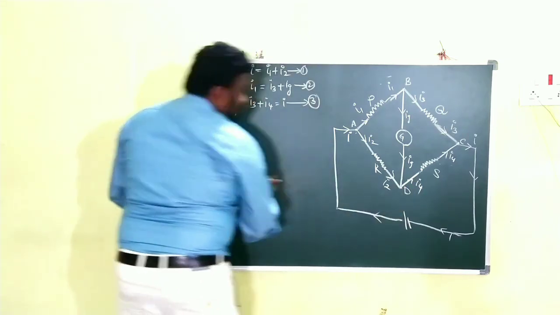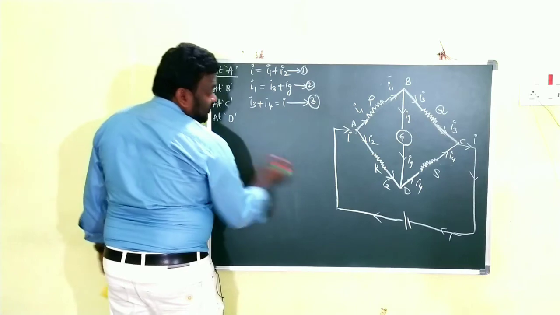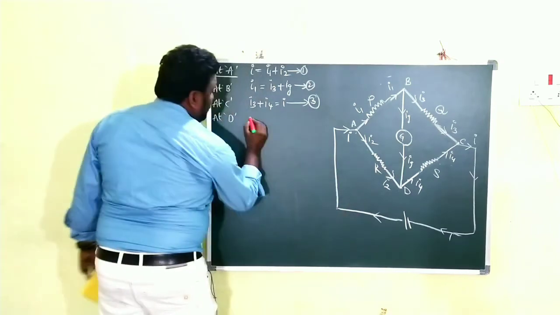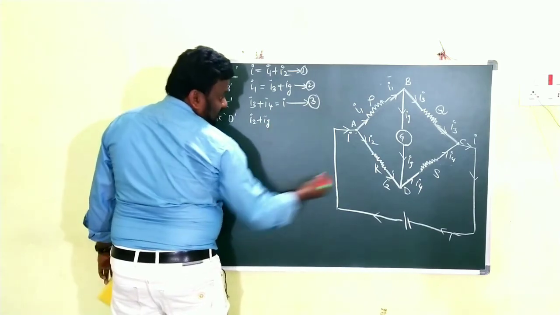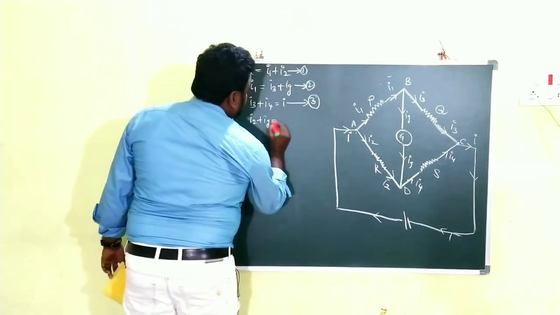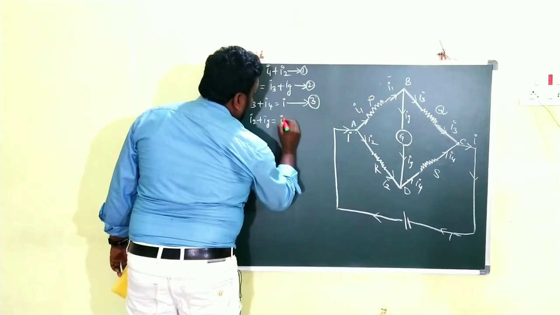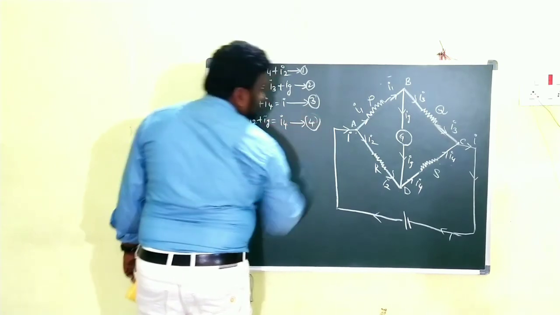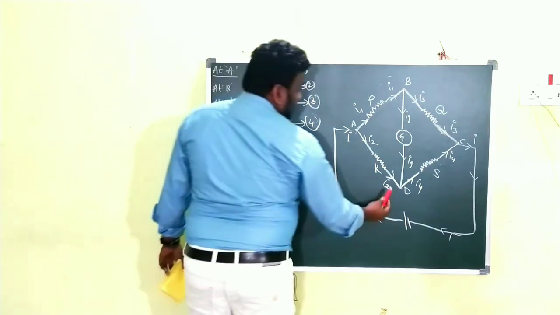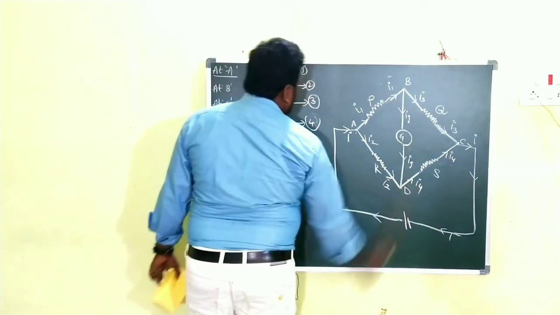So at the junction D, I2 plus IG is equal to I4. This is equation number 4.